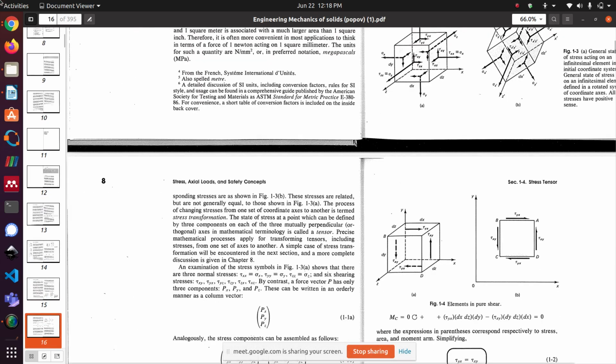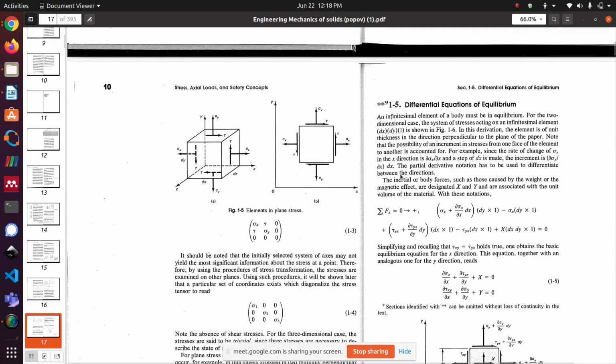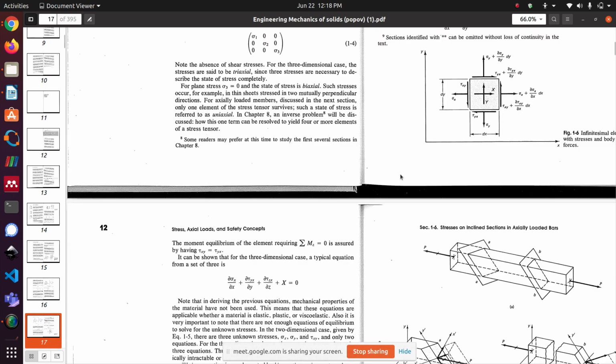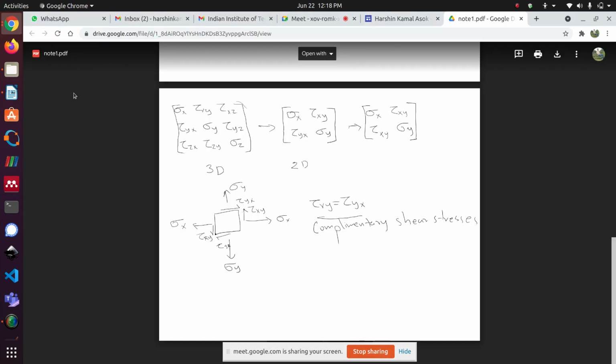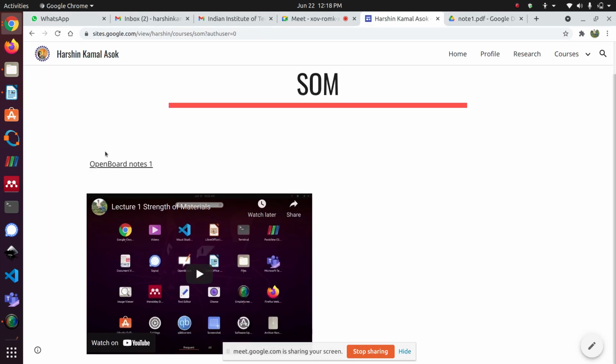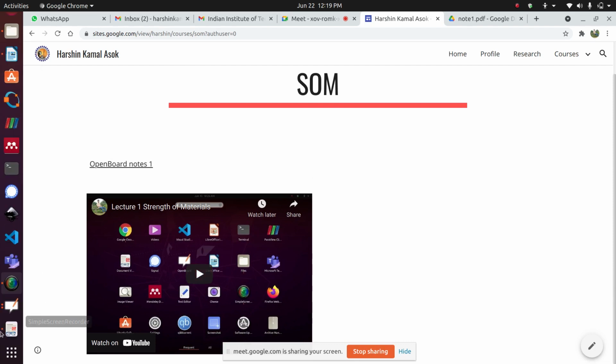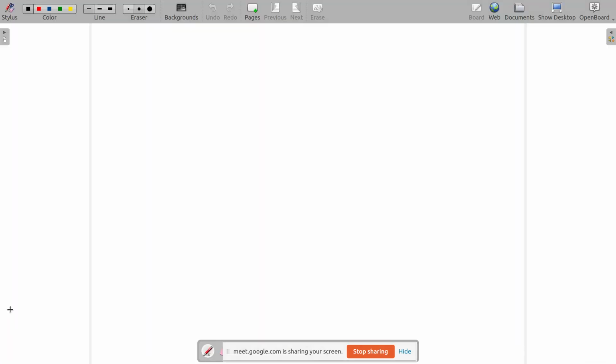PDF of this textbook. Have I? Oh, it's not given here. Okay, I'll share you the PDF. No issue. I think I talked about this. This is an excellent textbook.